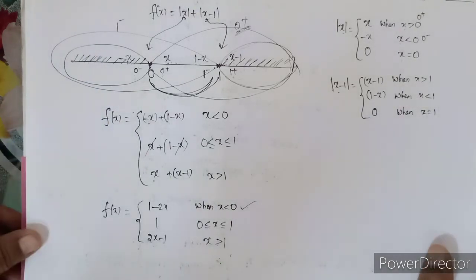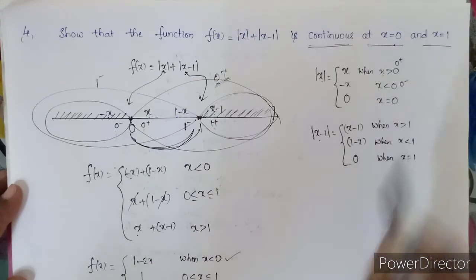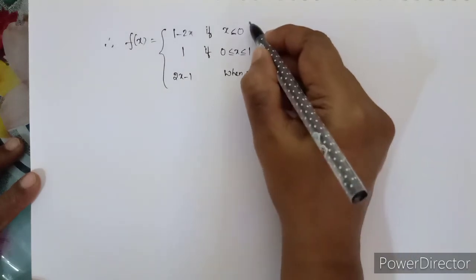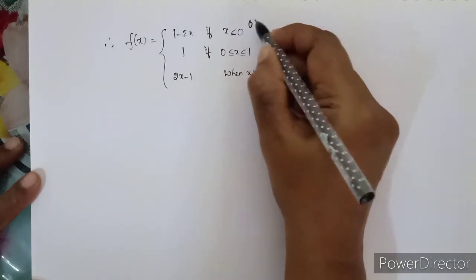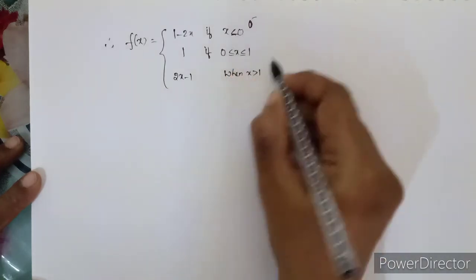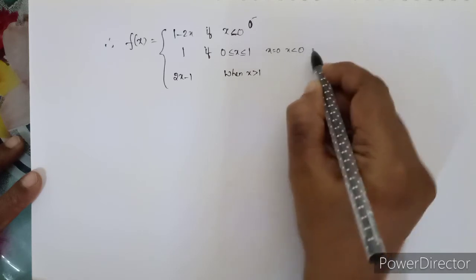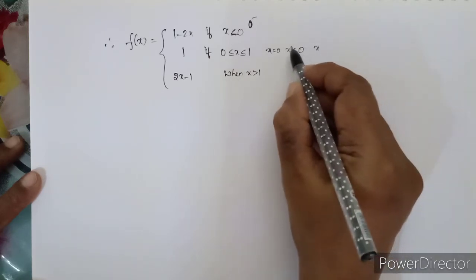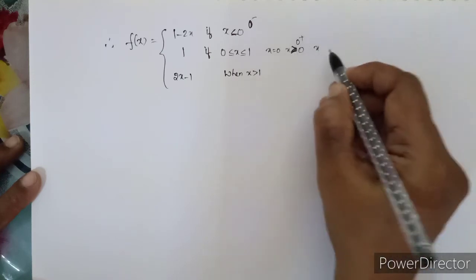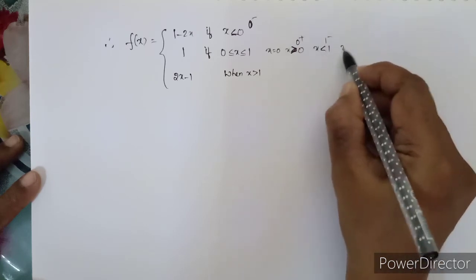Now we discuss whether f is continuous at x equal to 0 or not. We'll see. X less than 0 means it is in the negative neighborhood of 0, that is 0 minus. Here 4 cases are there: x equal to 0, x less than 0, x greater than 0, that means 0 plus, x less than 1, that means 1 minus, and x equal to 1.